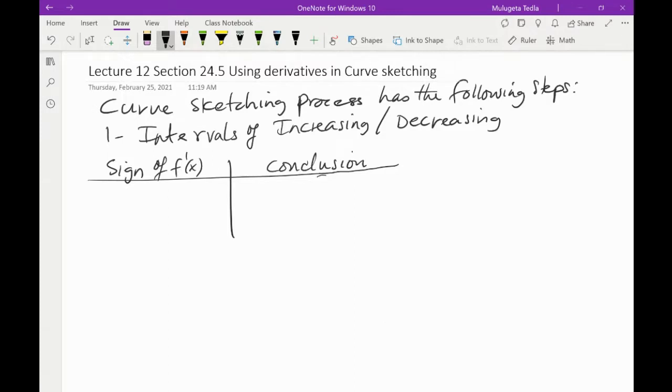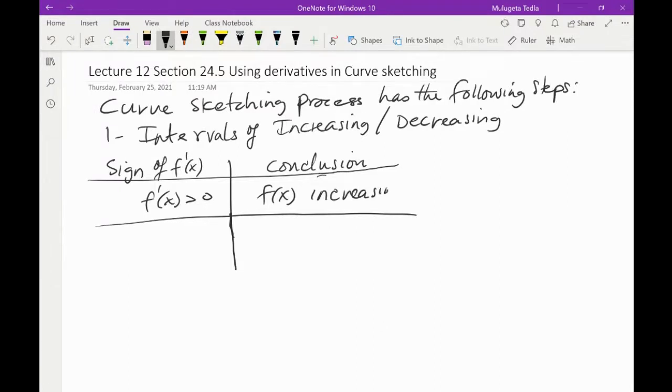If the derivative of a function is positive, that means the slope of the tangent line is positive. Remember, the derivative stands for the slope. So therefore the function is increasing. If the sign of the derivative is negative, then f of x is decreasing.